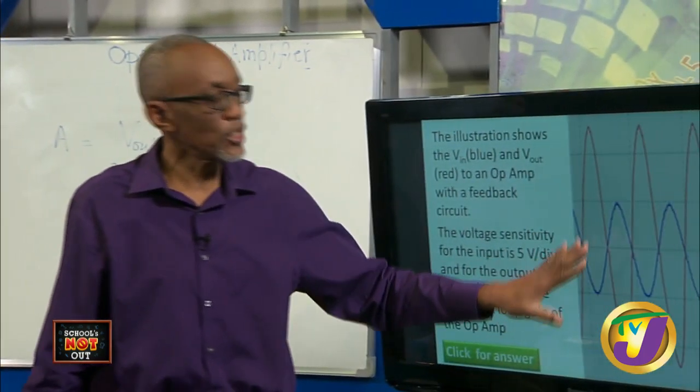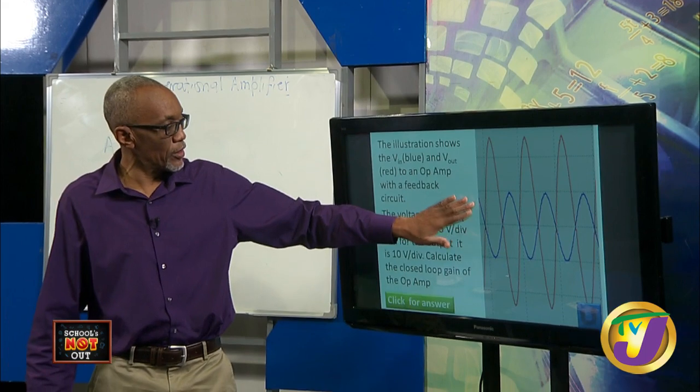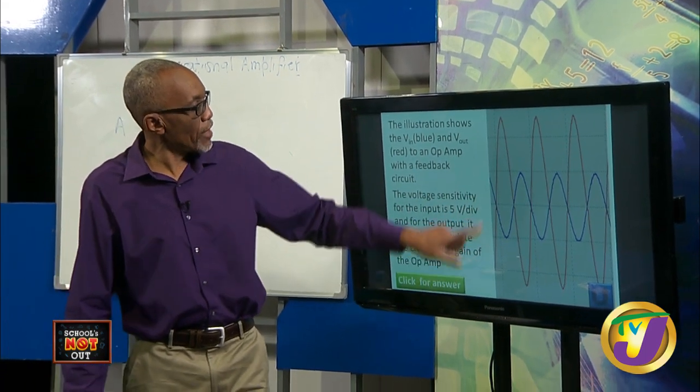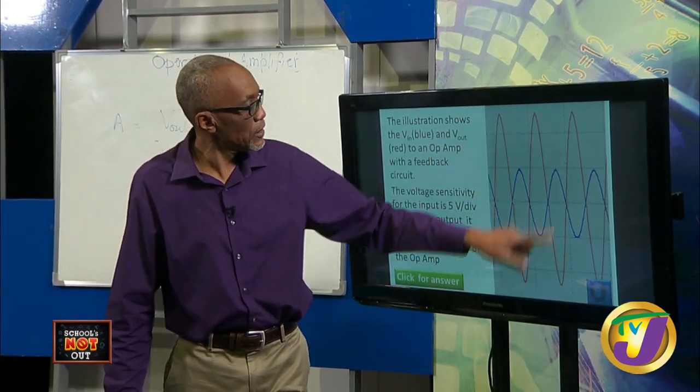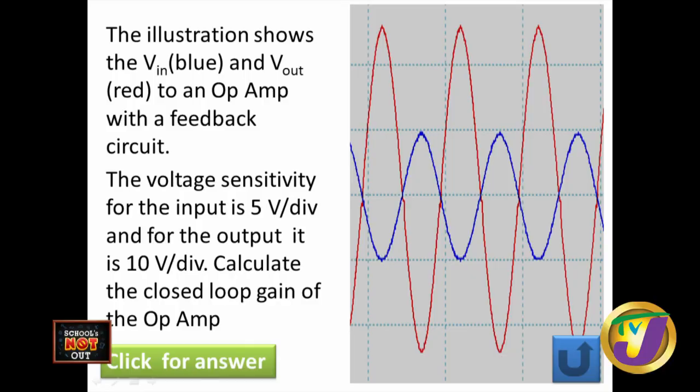Here is a trace that you would have seen on the screen. The red represents the output and the blue represents the input. The illustration shows V in in blue, the input, and V out in red, for an op-amp with a feedback circuit, that same feedback circuit.